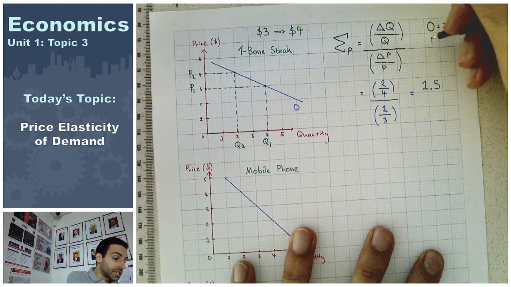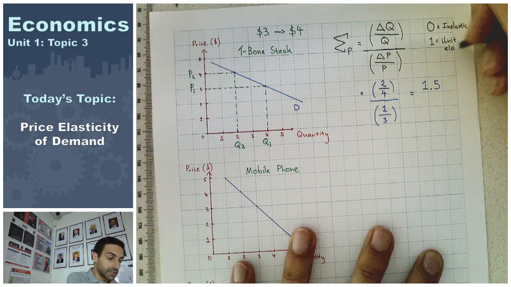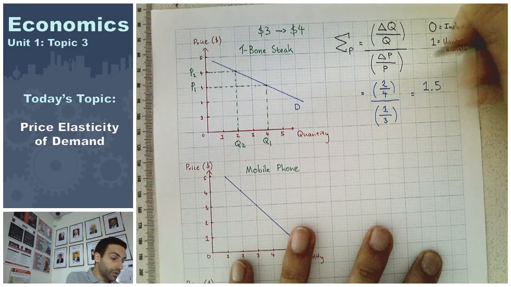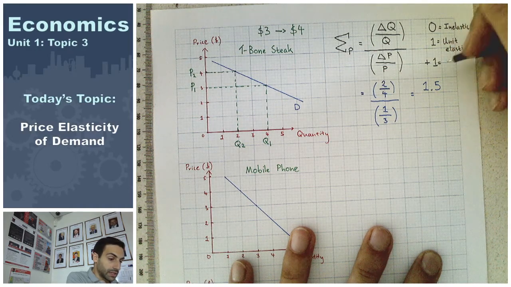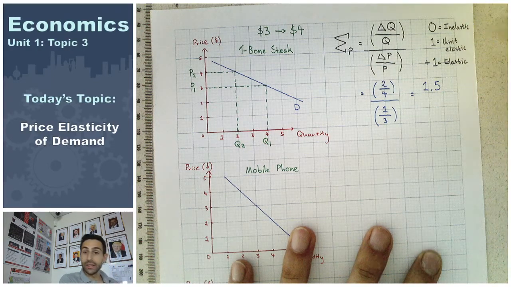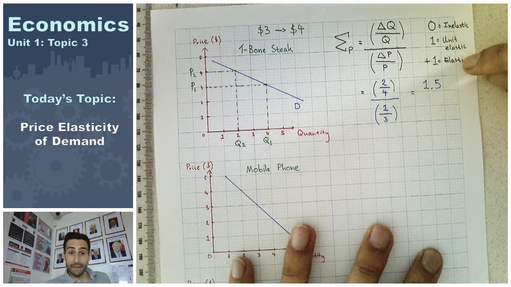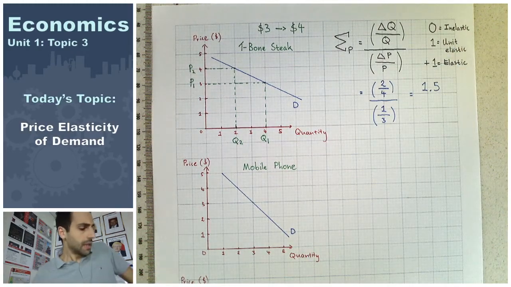If the coefficient is 1, then that product is unit elastic. And if the coefficient is greater than 1, then that product is elastic. Okay, less than 1, inelastic. More than 1, elastic. That's how we can analyze the coefficient. I didn't do a great job at explaining that.